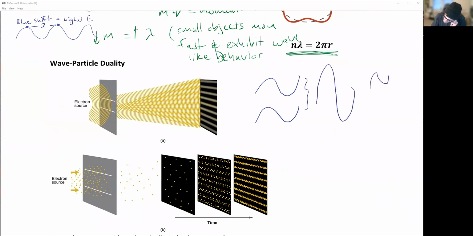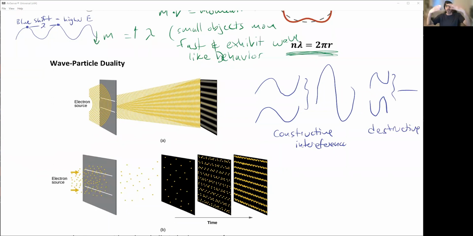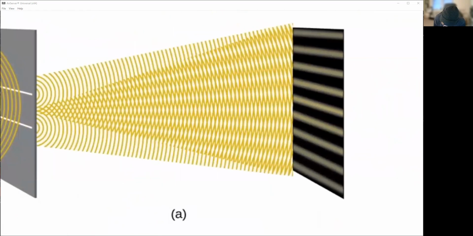But if it's the opposite, if they interfere, so this is constructive interference. And if they destructively interfere, essentially it's going to be just a straight line, so destructive. So when you have two waves that are propagating, you're going to get these areas, see where they overlap.